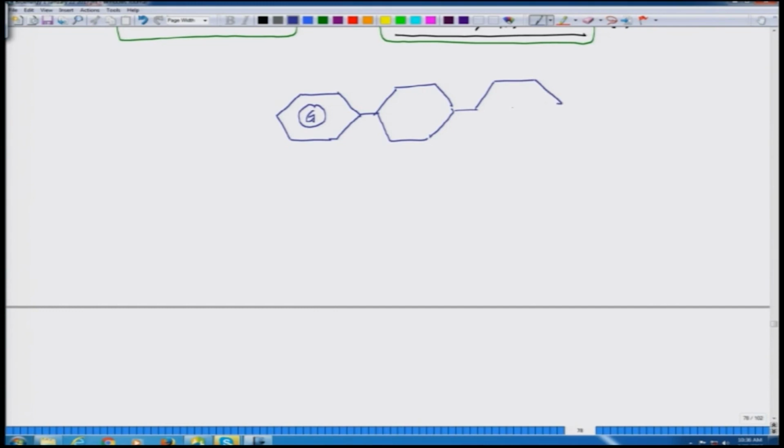There are two ways it can join. One is linearly attached like this, which is called a 1,4 glycosidic linkage. This is one of the ways this linkage takes place, forming long linear chains of molecules.